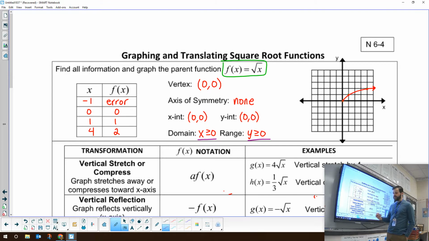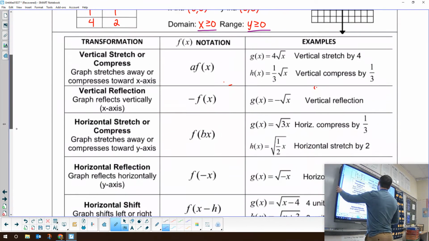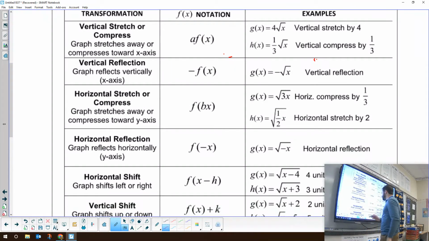So how do we move around my graph? Well, you already know a lot of this. You certainly remember that your A controls if you have a vertical stretch or compress, right? That's your A. If we have a negative out in front of my equation, that's a vertical reflection.